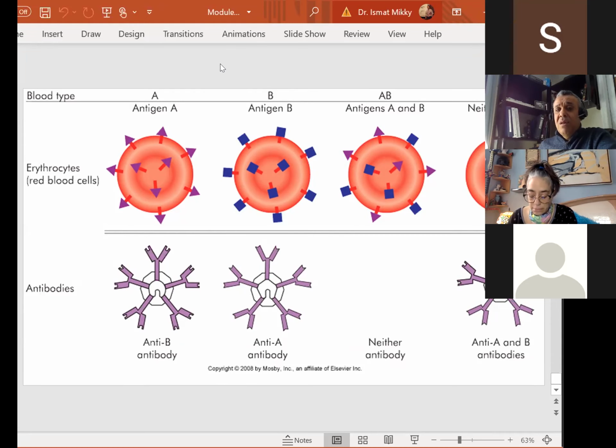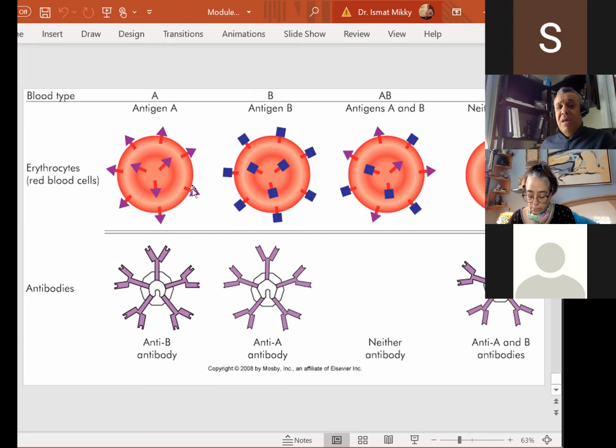Because there is an anti-B antibody, and the patient is receiving this RBC with the antigen B. So this patient already has this antibody and is going to attack it because B will go with B. The antibody will attach to the antigen because it's like a lock and key.